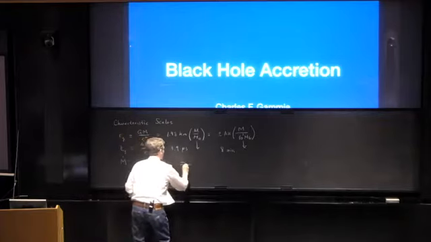So this is the energy per unit area. We can convert this into a momentum flux per unit area by dividing by c. And then we can say how much of this is intercepted by the electron by multiplying by the Thomson cross-section.